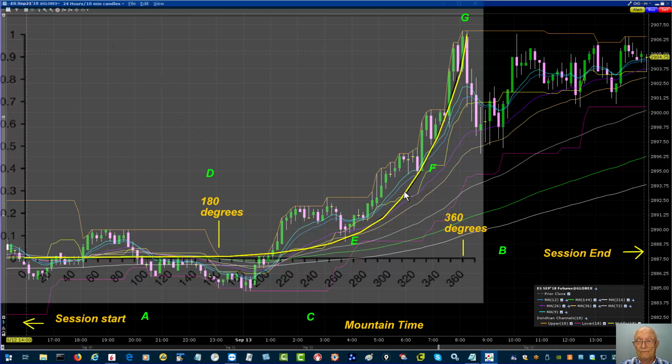So before the normal session opened, traders were buying, pushing this up. The question is, should I jump on it, or is it going to stop, or what? Well, on the normal session open right in here, you could have jumped on it and caught a little bit of it.